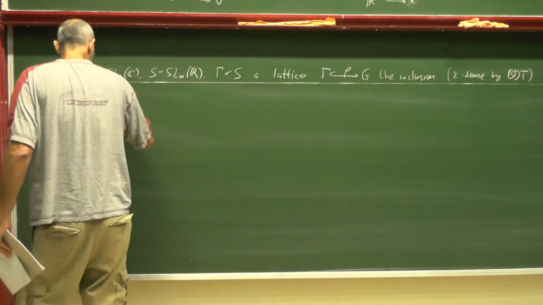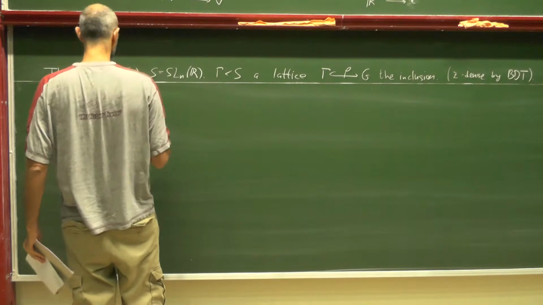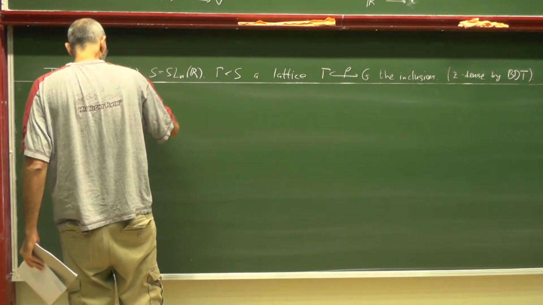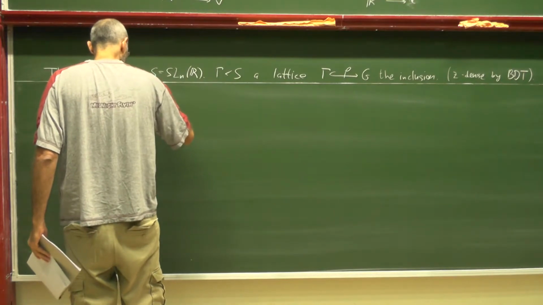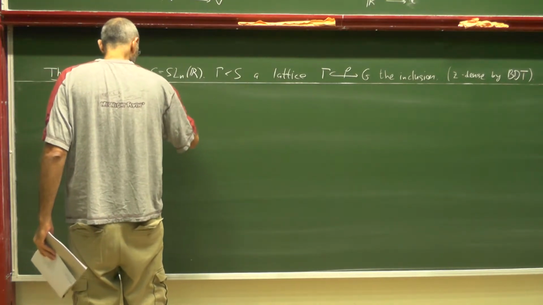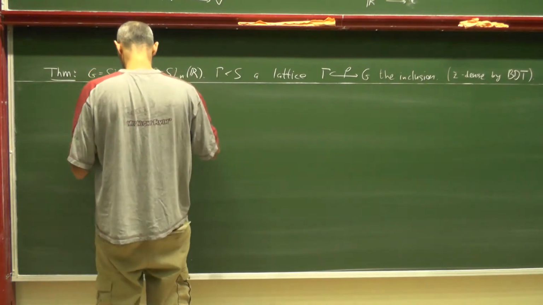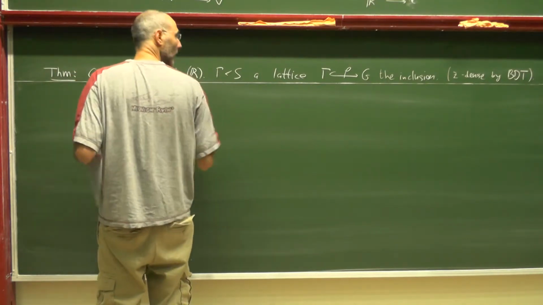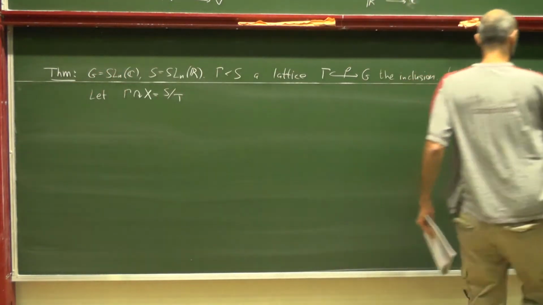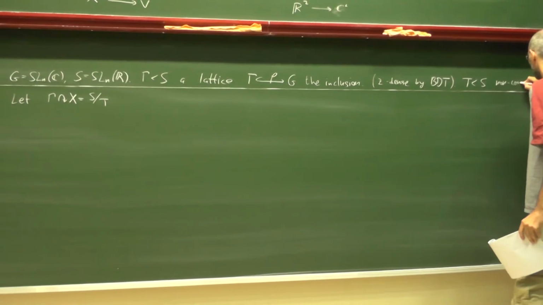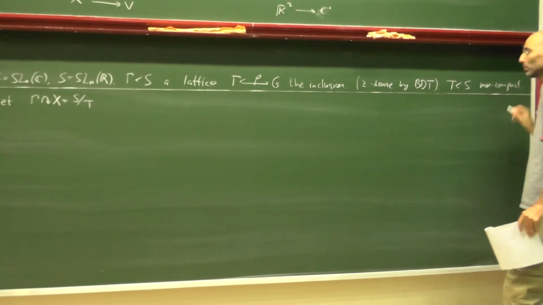Let now gamma act on X, and X is S mod T. Now T in S is non-compact, any non-compact.